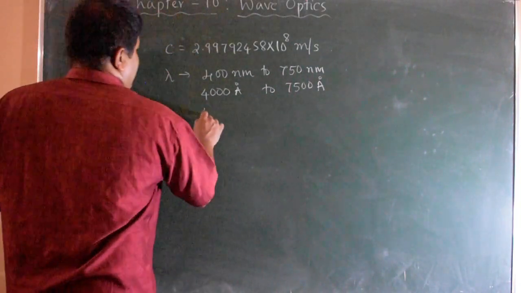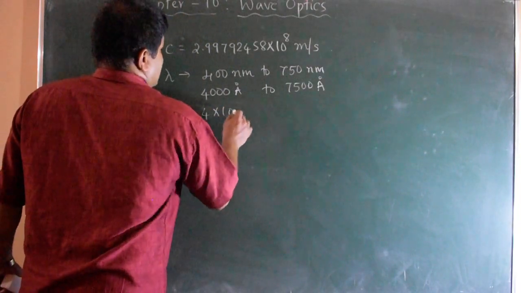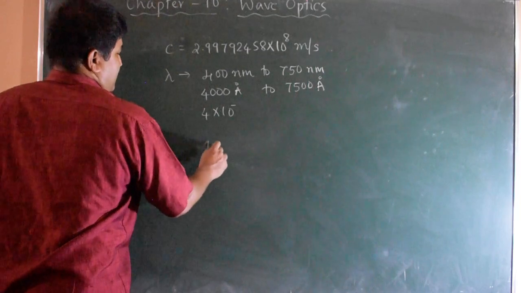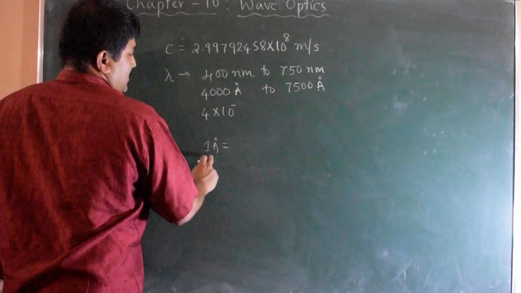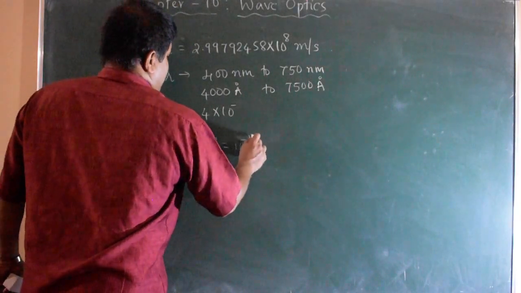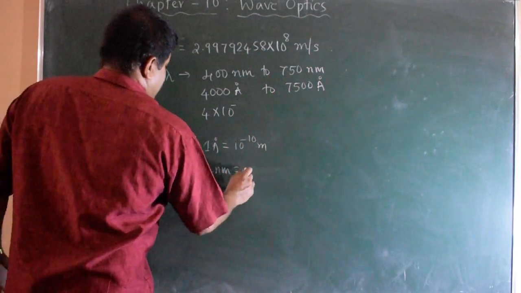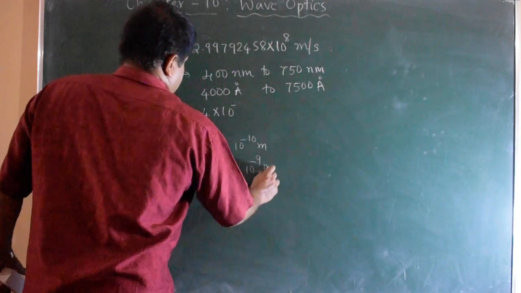Conversion: 1 angstrom equals 10 power minus 10 meter, or 1 nanometer equals 10 power minus 9 meter.